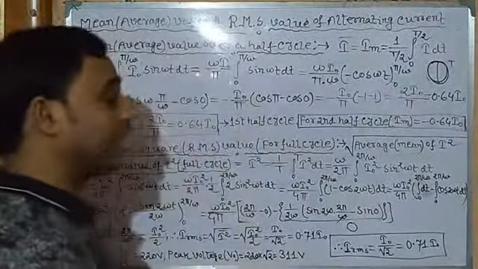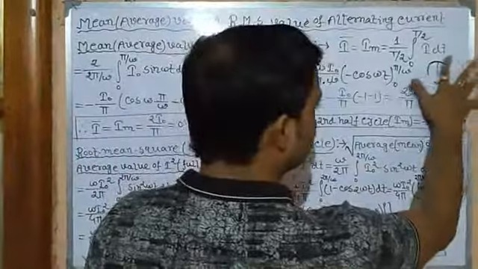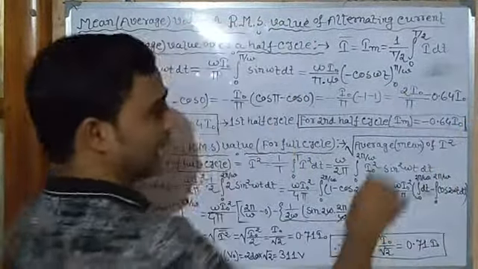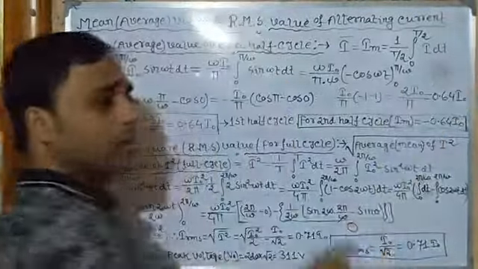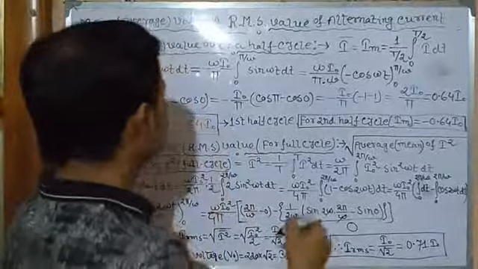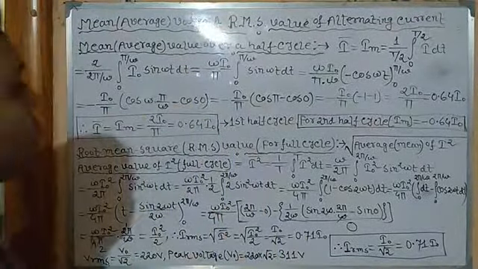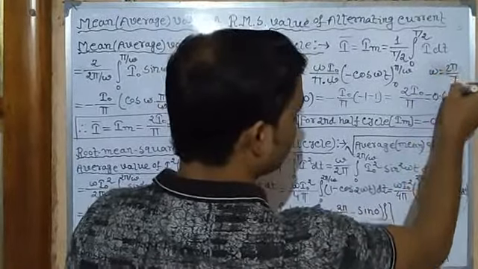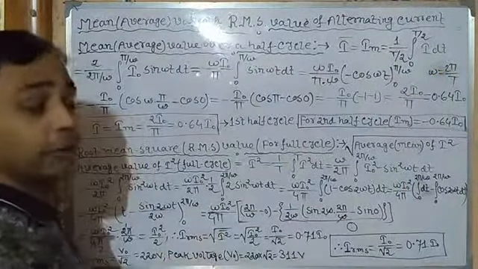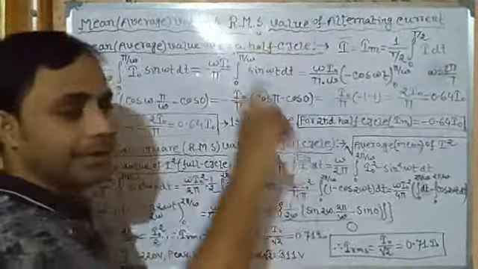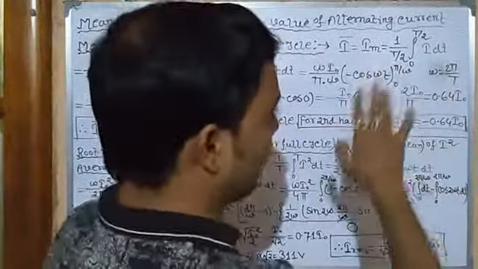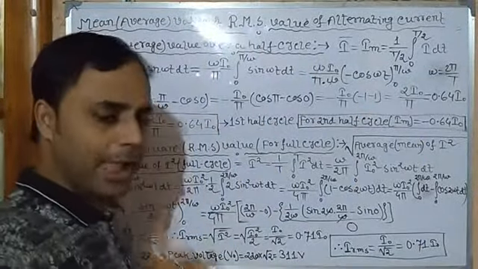Now we will put the value of T. What is T? T is the time period, the required time for completing one oscillation or one vibration or one cycle, as we all know since junior classes. So T is equal to 2 pi by omega, because omega is equal to 2 pi by T. From the equation omega equals theta by T for a complete cycle, where T is the time period and theta is the angular displacement.